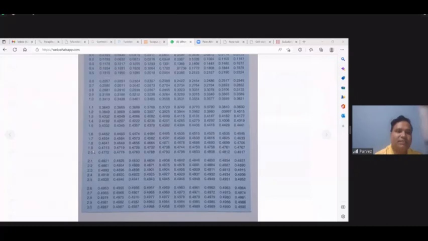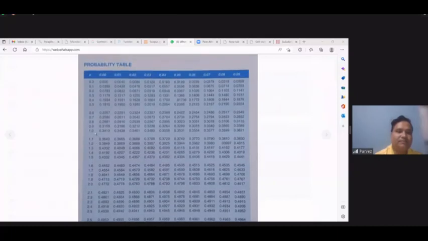Can you see 1.6? Yes, sir. In the same Z row, you can see 0.06 on top. Then see which number is common in both. 0.4515 is common.